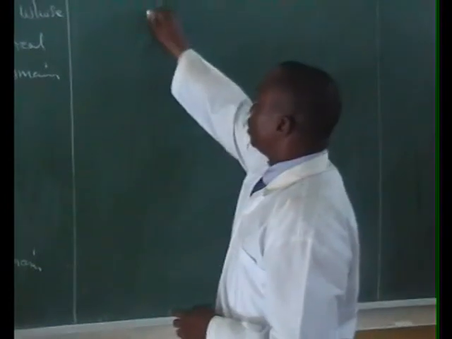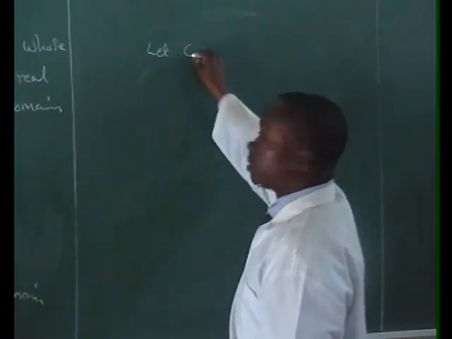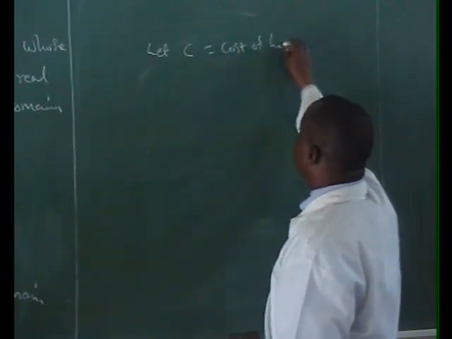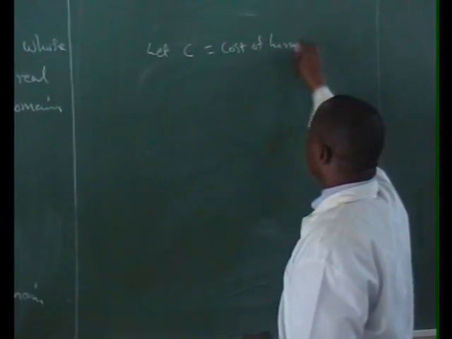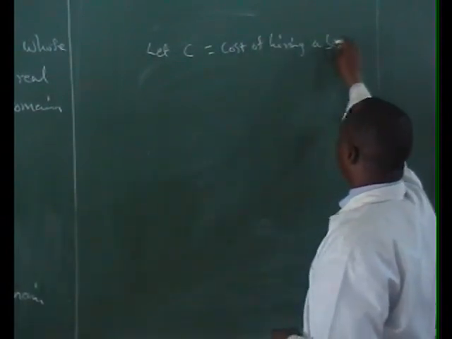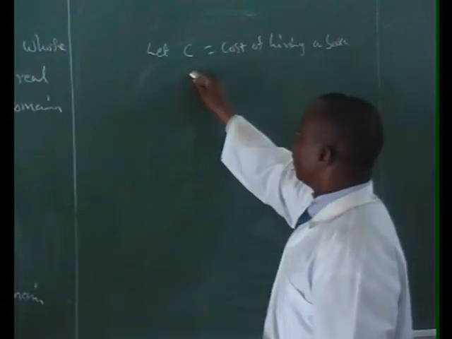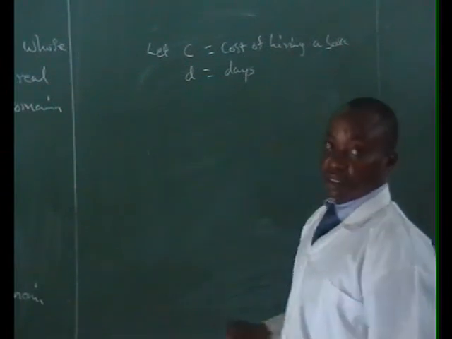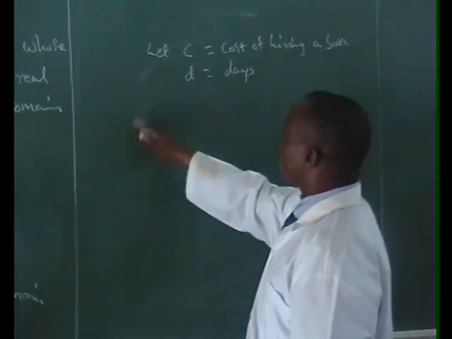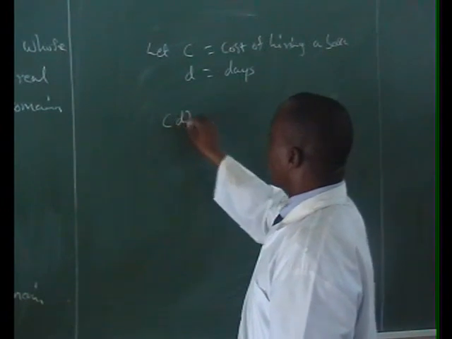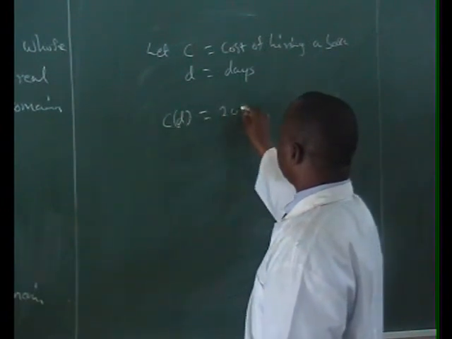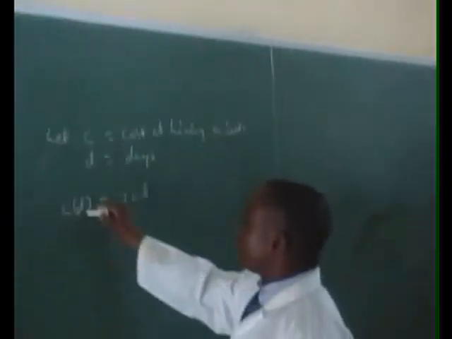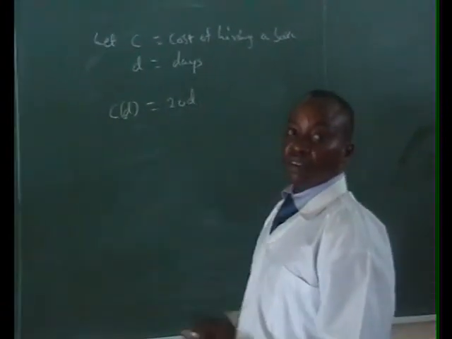Now let's see, C is equal to the cost of hiring a book, and then let D is equal to the days. So I can write it in this way, that C of D is equal to 20D. Now, do you know what this means? It means that the cost depends on the days.